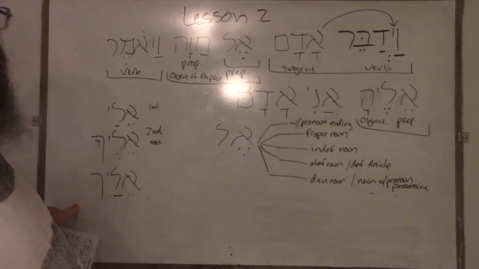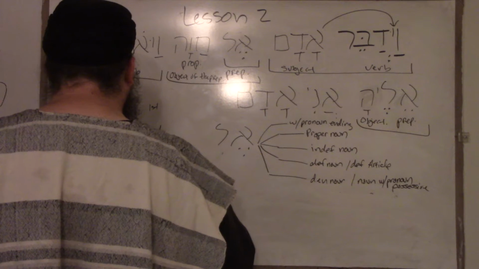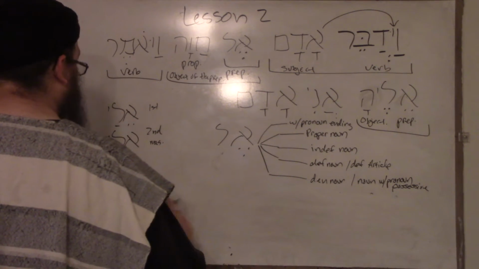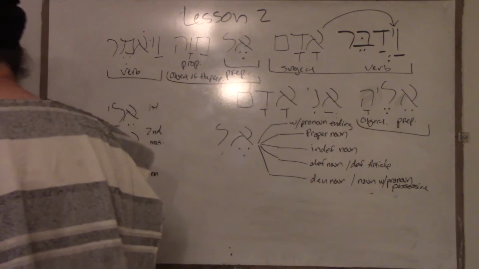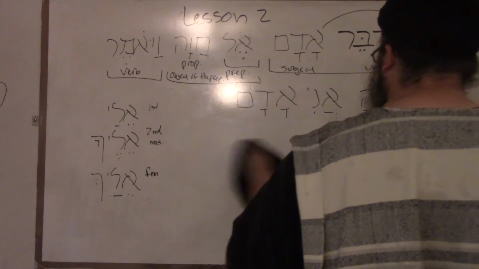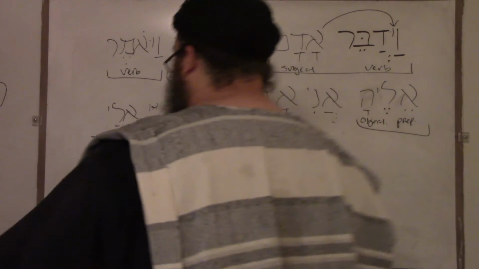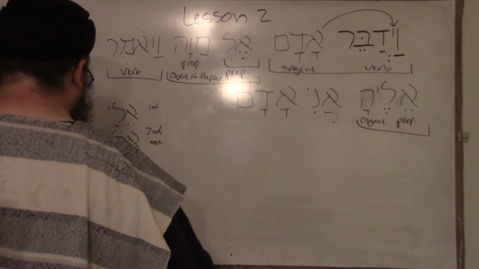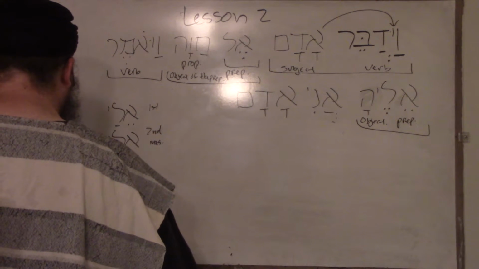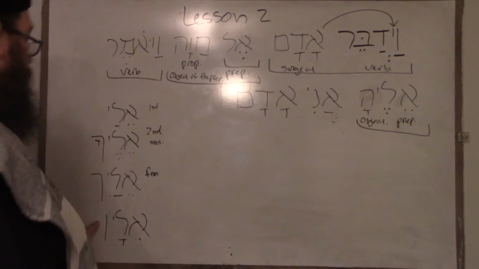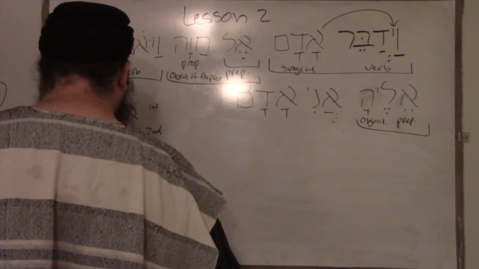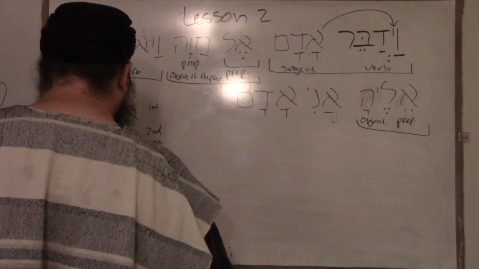Elaich, the second person, but this is the feminine form. Let me move some of this stuff over here so I can make some more room. Elav, this is third person, which means unto him. Obviously it's masculine.